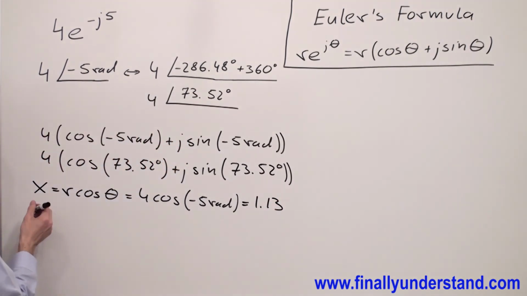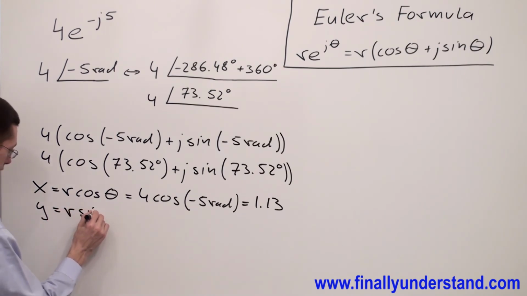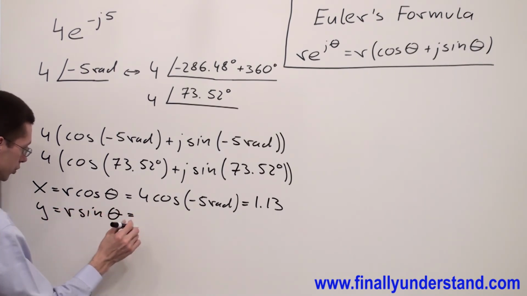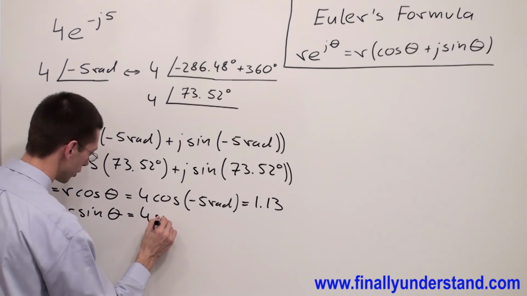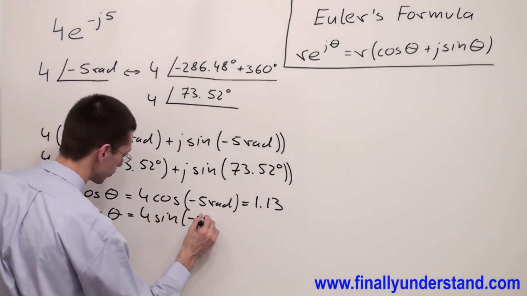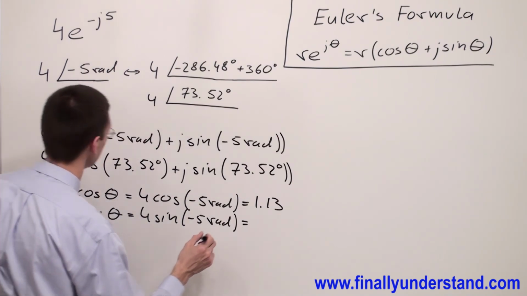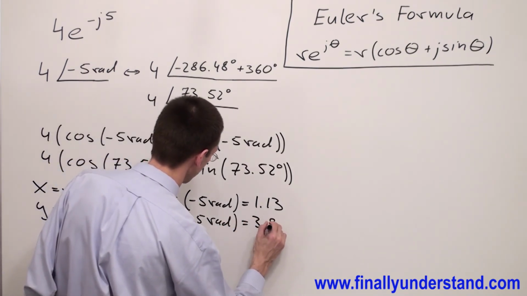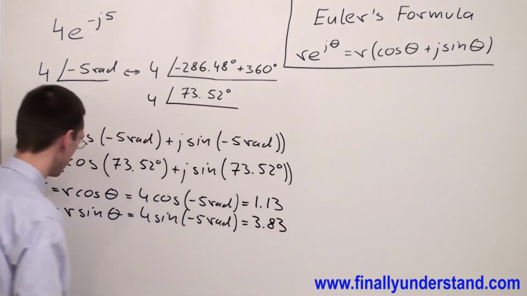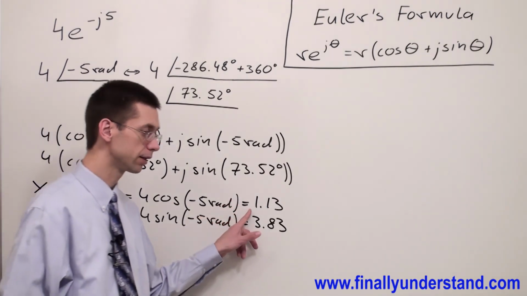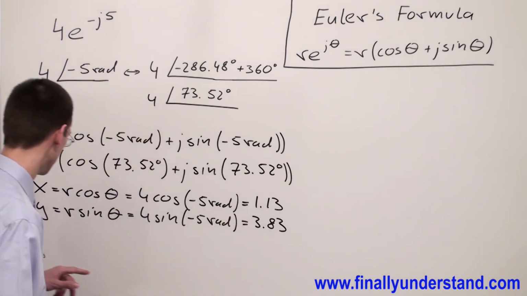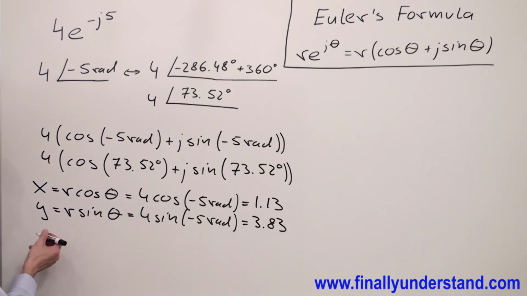And if you want to find the imaginary part, y is equal to r sine theta, which is equal to 4 sine of -5 radians, and this is equal to 3.83.